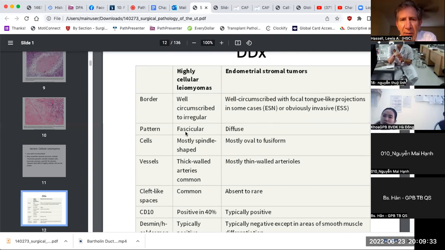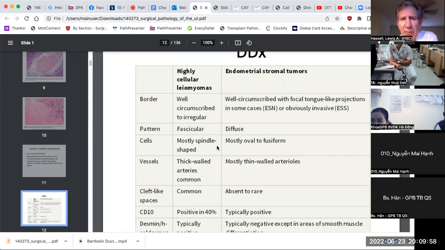The cellular leiomyomas have a fascicular pattern, meaning the cells have a bundled appearance of areas that are united in their orientation, whereas stromal tumors have a very diffuse pattern. There's not a fascicular or architectural feature to that.